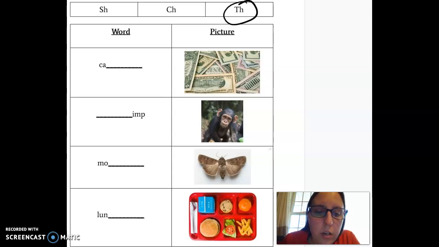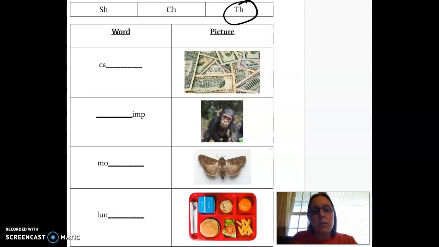Now that one is kind of hard to hear because it's a very silent or very quiet sound, okay? So when I make the sound that TH says, I bite my tongue. So again, to review, SH says shh, CH says ch, and TH says.